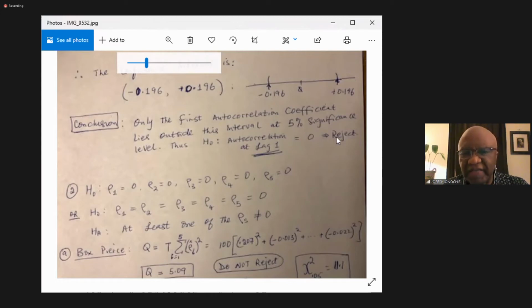We reject that because, like Lily said, it falls outside of 0. So we reject this null. So this is how you write it. If you want to test individually for this example, how many separate null hypotheses are you going to write? 5 of them. Are you with me, guys?